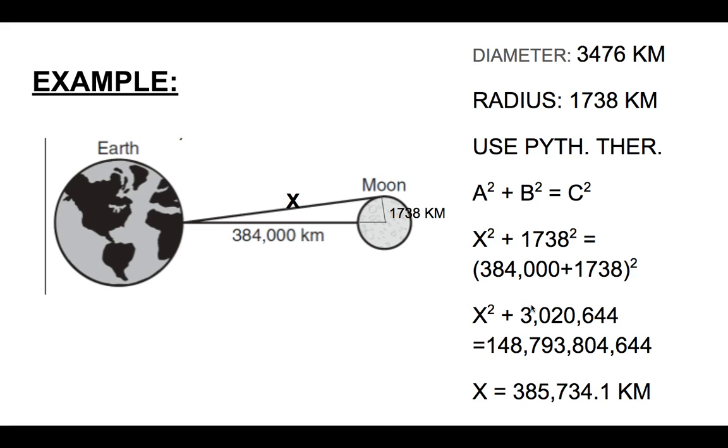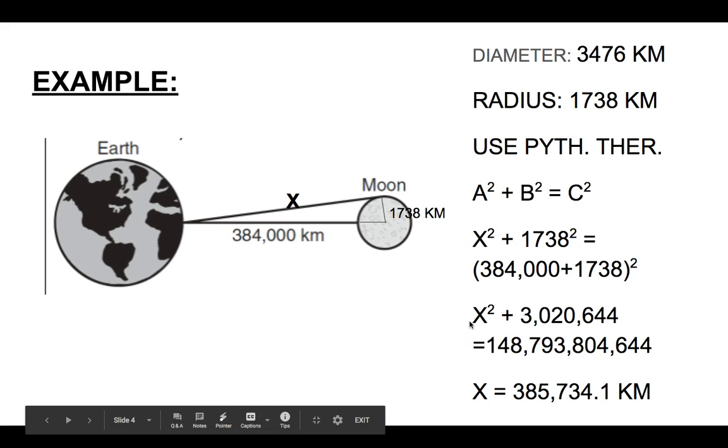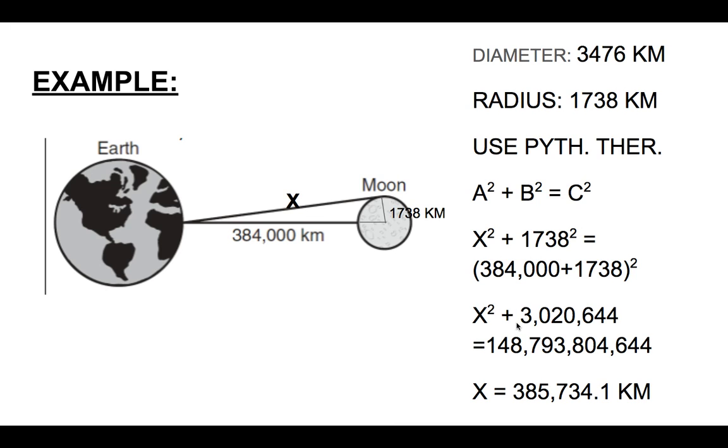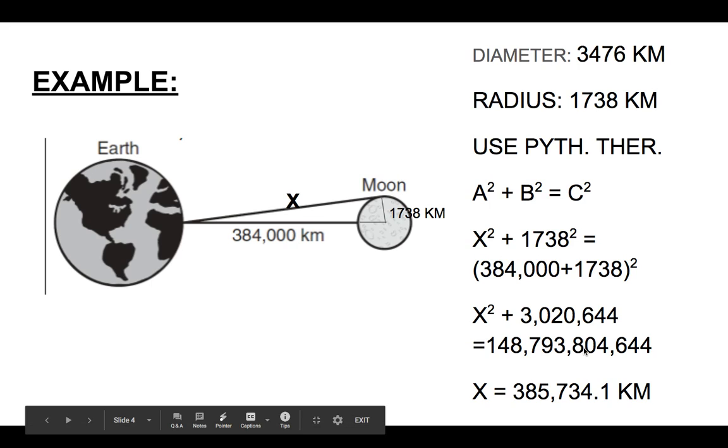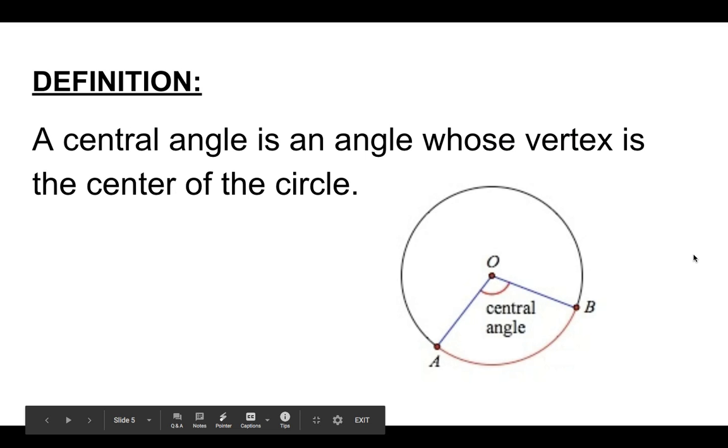Once I do that, I get this equation here, and we've solved these problems before. I subtracted the 3,020,644 from both sides, and then I took the square root of it, and that got me approximately 385,734.1 kilometers.